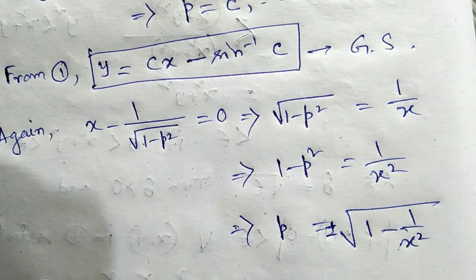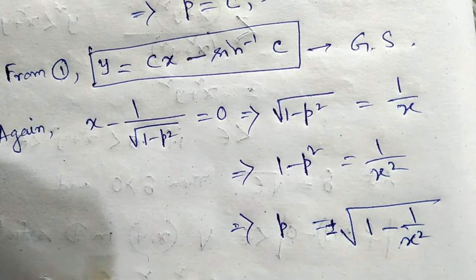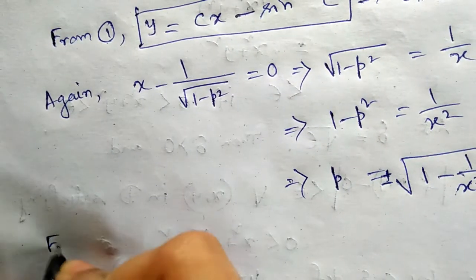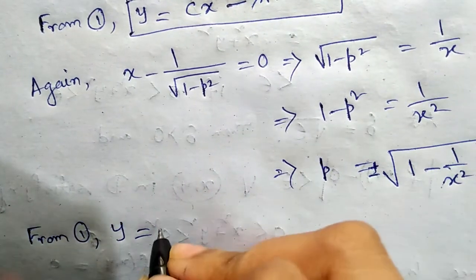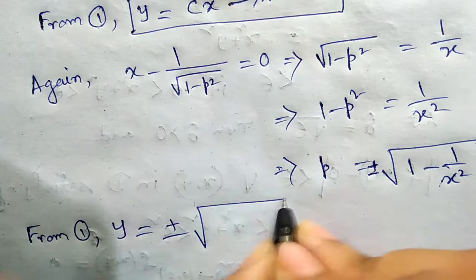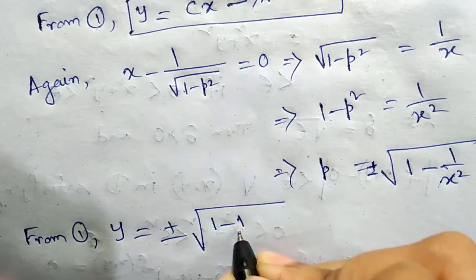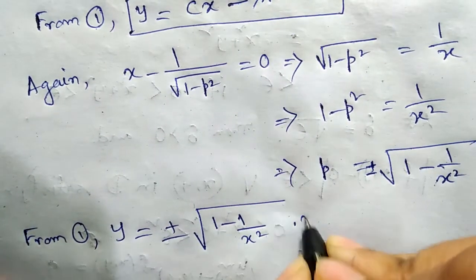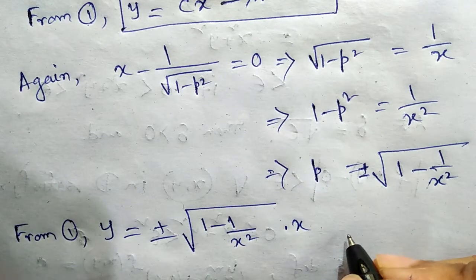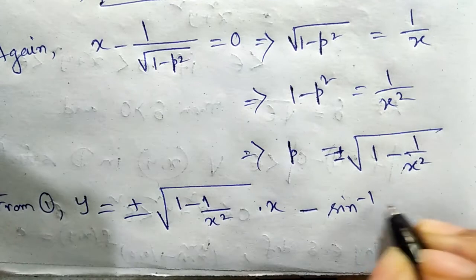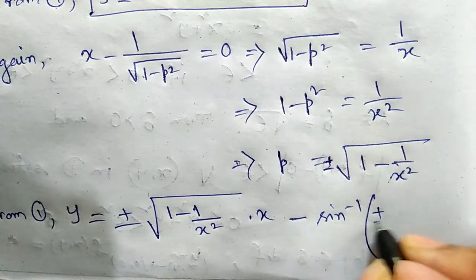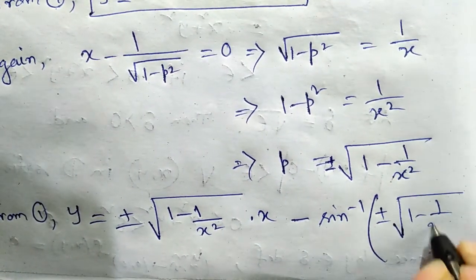This is p. Again, putting the value of p in (1), we get y equal to px, so plus minus root over 1 minus 1 by x square into x, then minus sin inverse p, that is minus sin inverse of plus minus root over 1 minus 1 by x square.